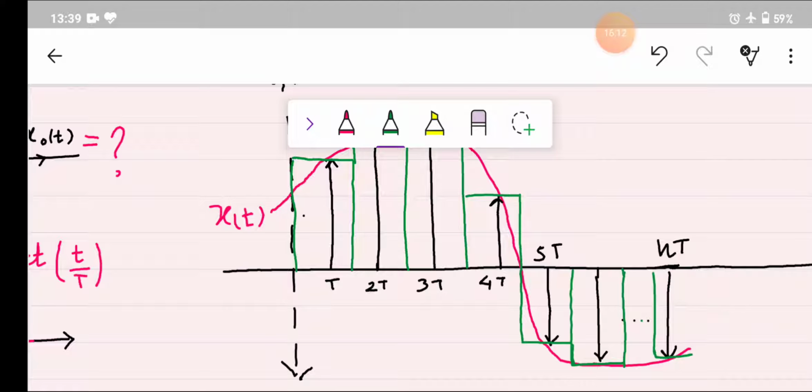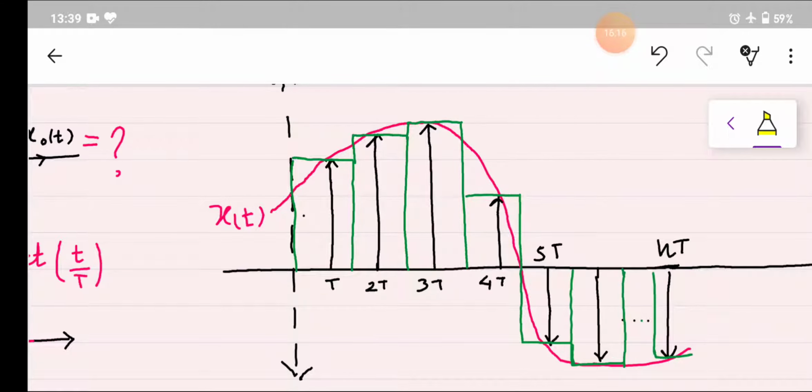Okay, so if we see the shaded portion here, this shaded portion here is the output of the interpolator for a sample.